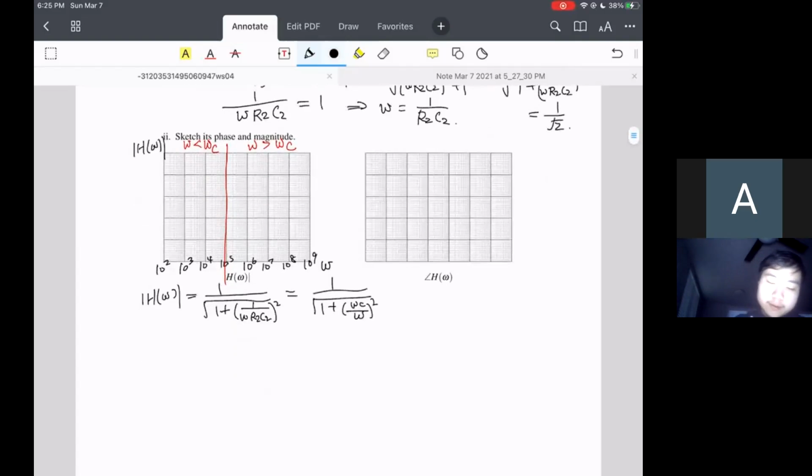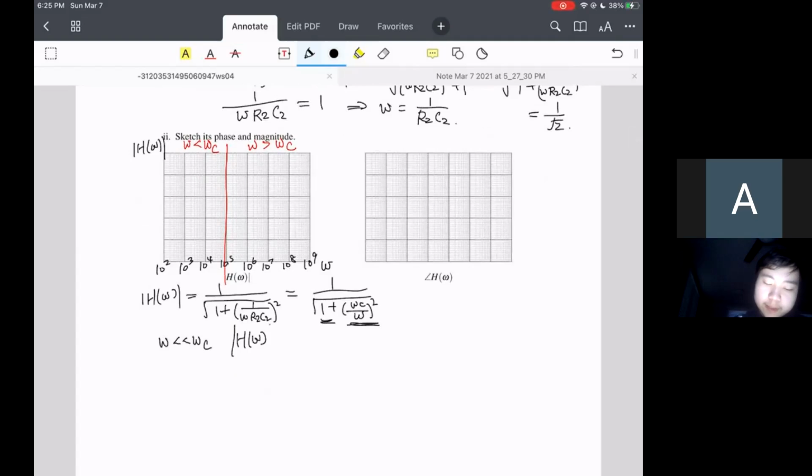Okay, so when omega is way less than omega c, this term is much more dominant than this term, right? So we can just take out the one term and see that H of omega, its magnitude, is approximately 1 over omega c over omega, which is omega over omega c.